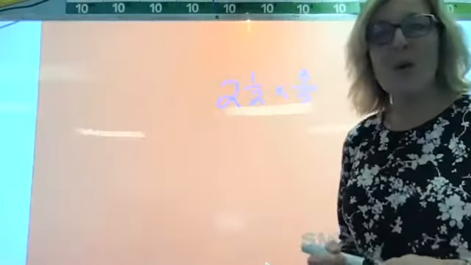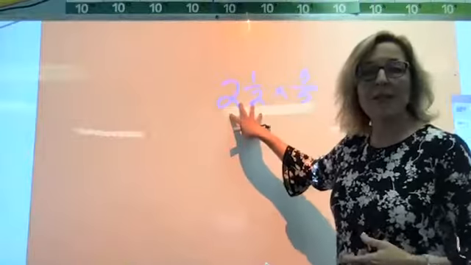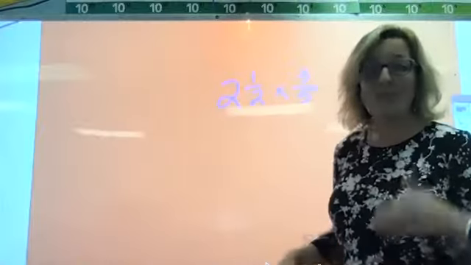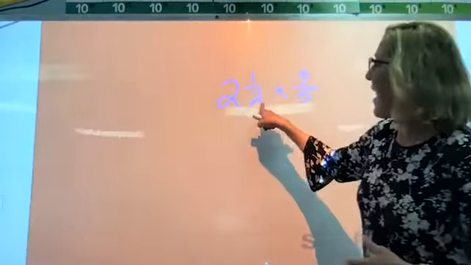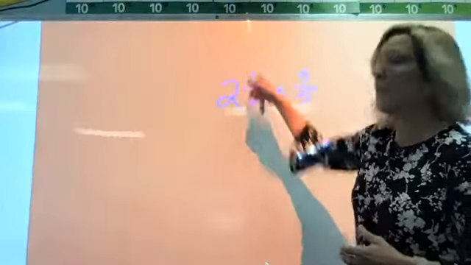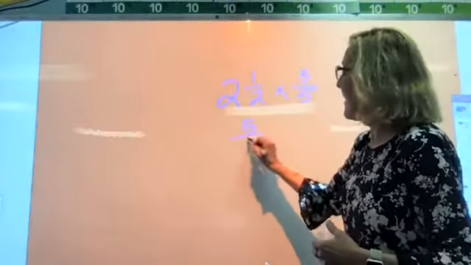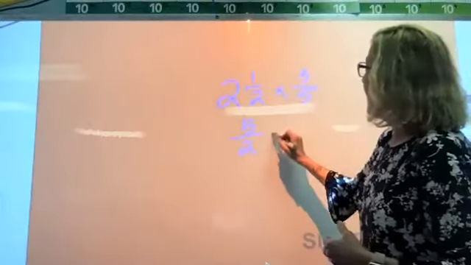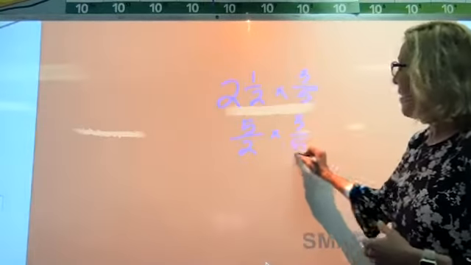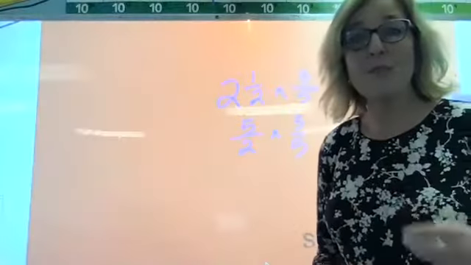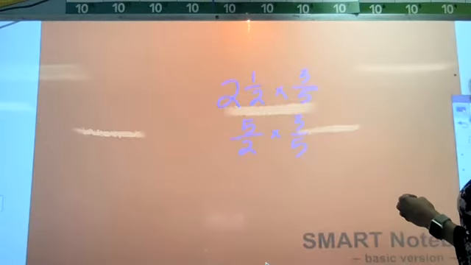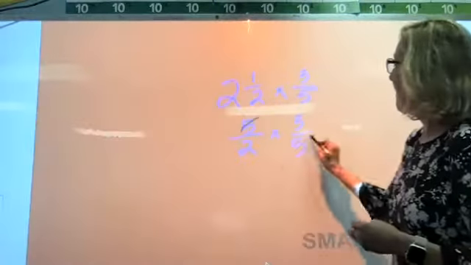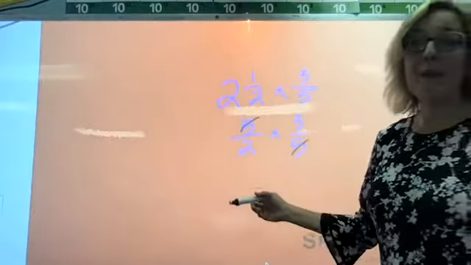Anytime we deal with mixed numbers, we want to turn them into fractions in order to do the multiplication. So 2 1/2: 2 times 2 is 4, plus 1 is 5, so it's the same as 5/2 times 3/5. There is a numerator-denominator combination that can share a factor, 5 and 5, which have a greatest common factor of 5.